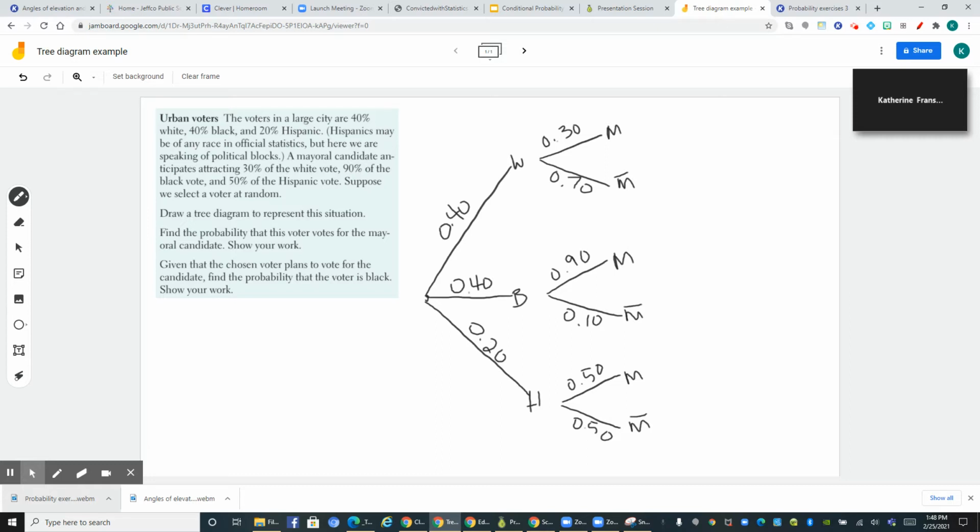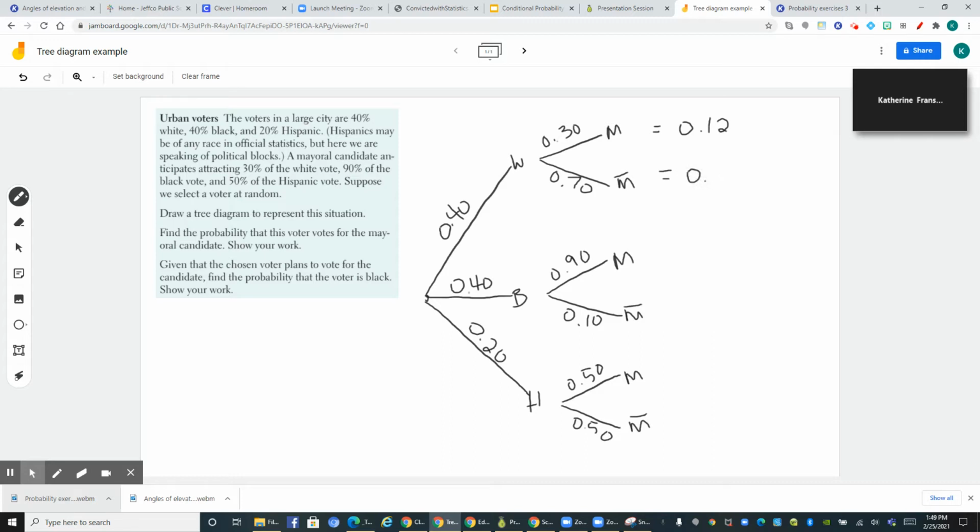All right, so the probability of someone being white and voting for this person for mayor is 0.4 times 0.3. It's "and." So about a 12% chance of that happening. The probability of someone being white and not voting for this candidate is 0.4 times 0.7.